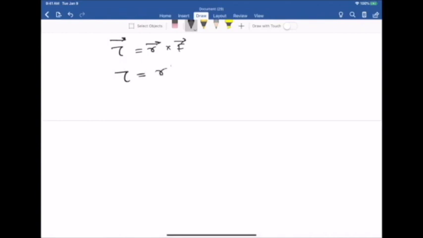The magnitude of the torque is RF sine theta, which can also be written as force multiplied by the lever arm of the force. Let's look at an example of calculating the torque. I'm going to do one example here, and there's also a nice example on slide 8 of the PowerPoint. I think we'll also work through that one.